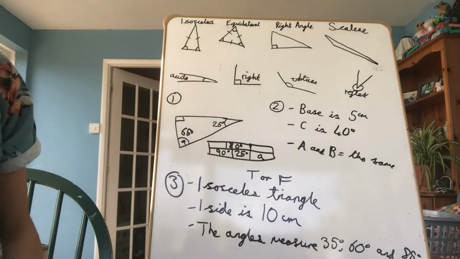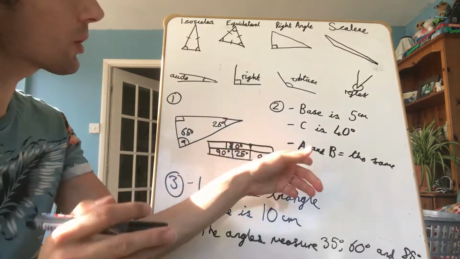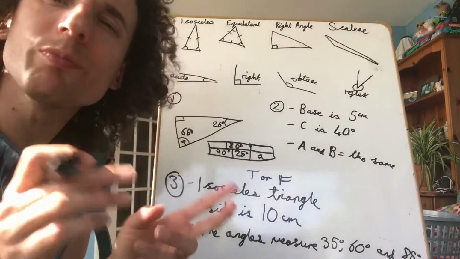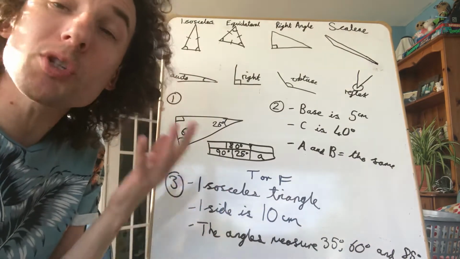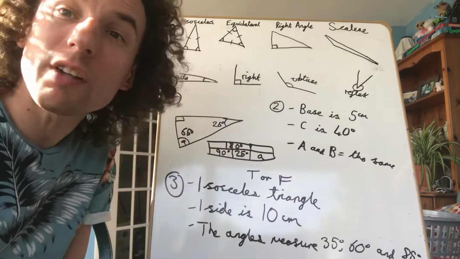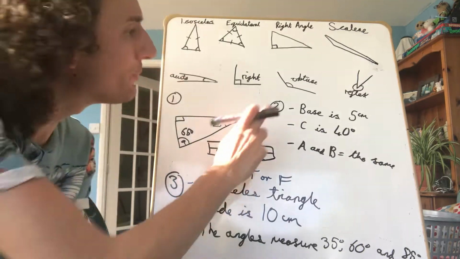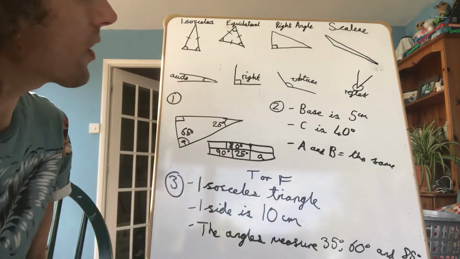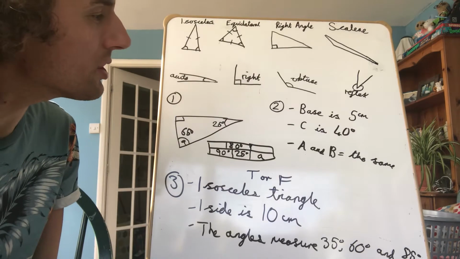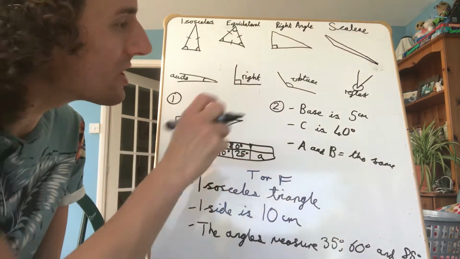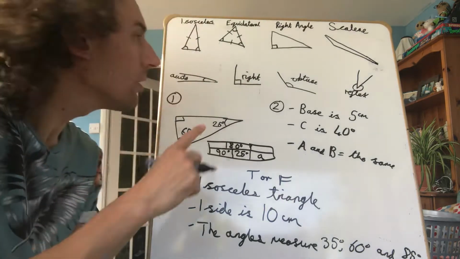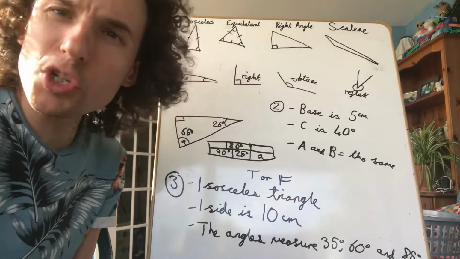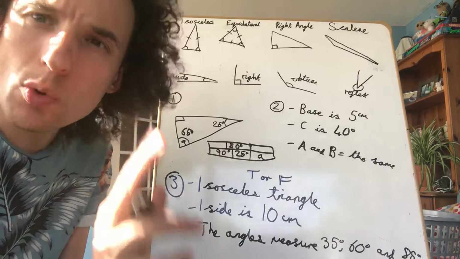Question B then. So, this is the question that you should have a protractor for. They want you to draw a triangle, but you actually don't need a protractor to answer. It asks you what type of triangle have you drawn. You don't need a protractor for that. Let's have a look. So we've got a triangle. The base is 5 centimetres. Angle C is 40 degrees. And angle A and B are the same. Let's look back at our triangles. Which triangle has two angles that are the same?